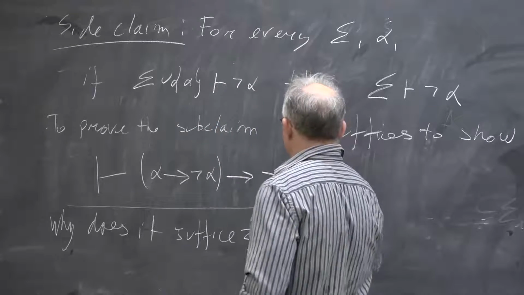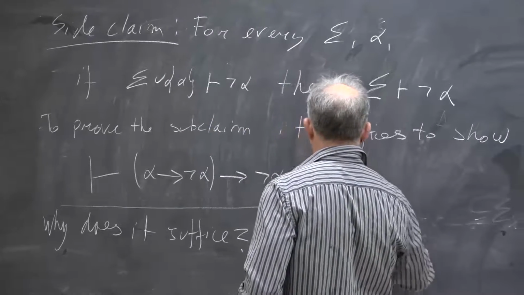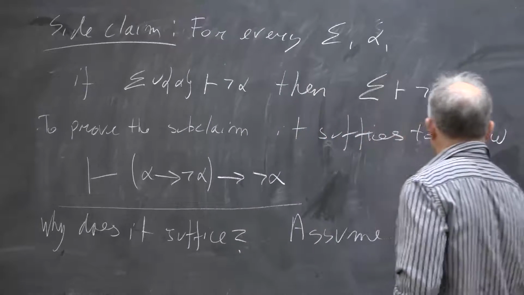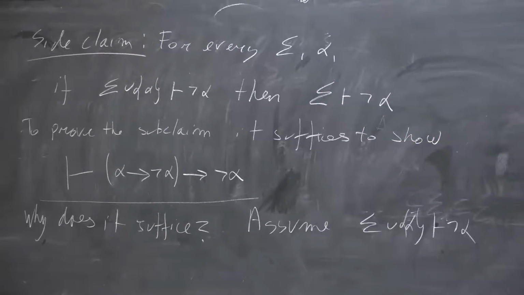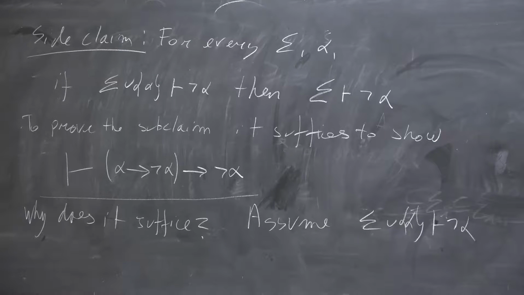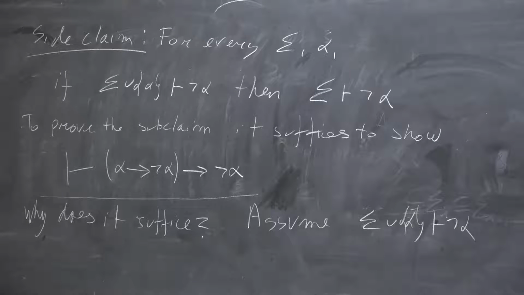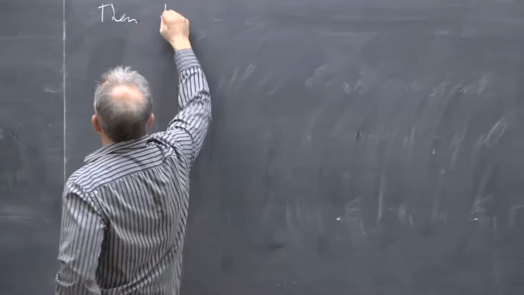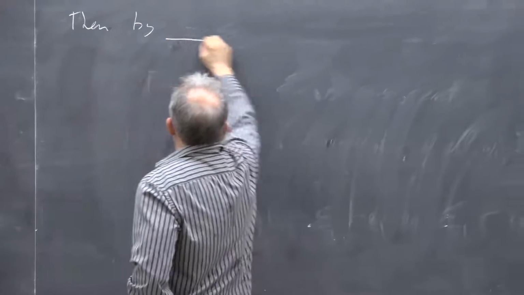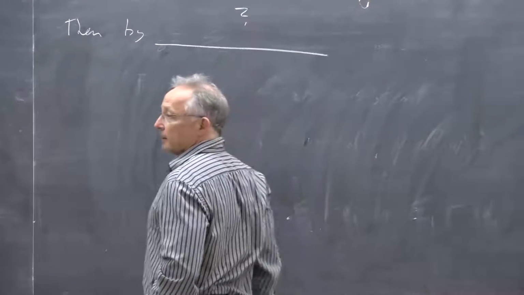Right? So assume sigma union alpha proves not alpha. Then, and now I'm asking you, by what?